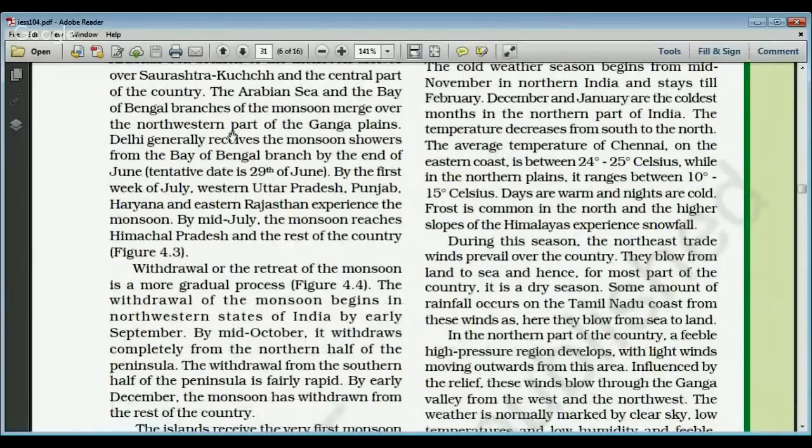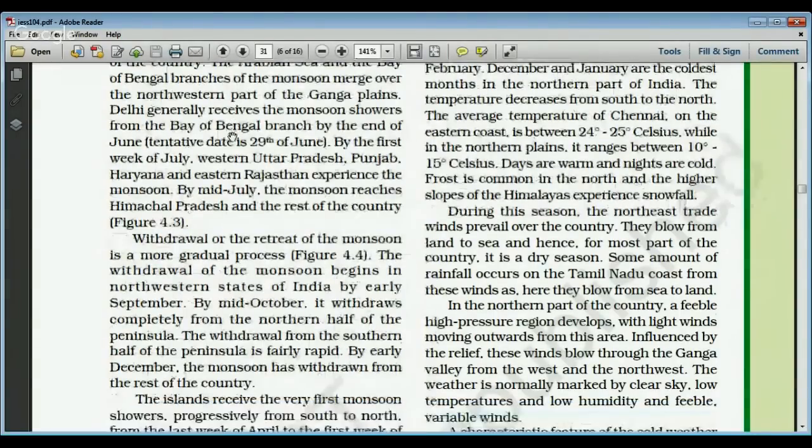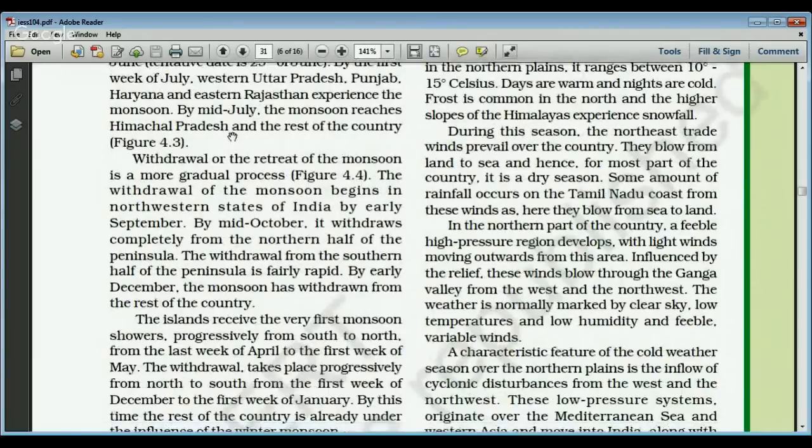Then the Arabian Sea and the Bay of Bengal branches merge over the northwestern part of the Ganga plains, and the monsoon reaches Delhi at around 29th of June. By the first week of July, western UP, Punjab, Haryana, and eastern Rajasthan experience monsoon, and by mid-July, it reaches Himachal Pradesh and the rest of the country.